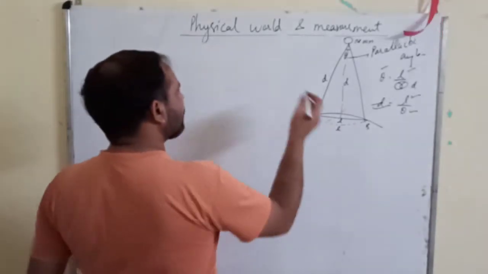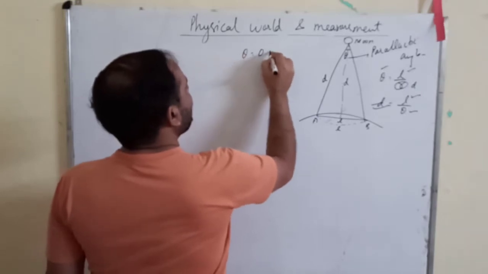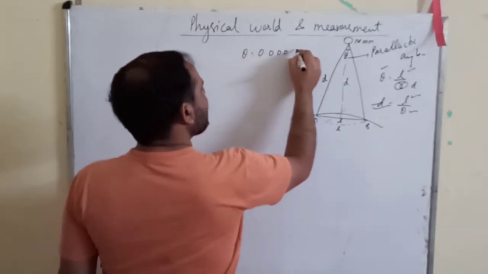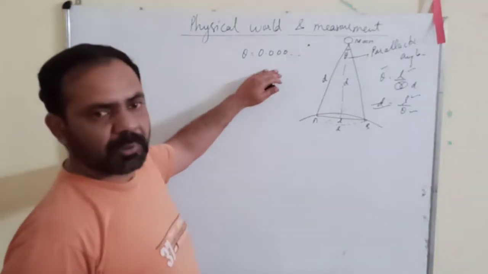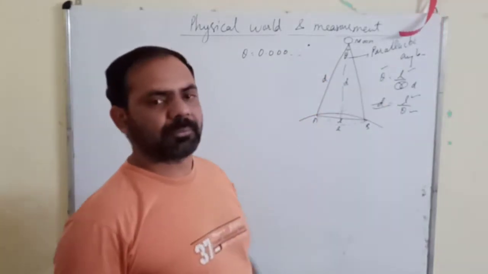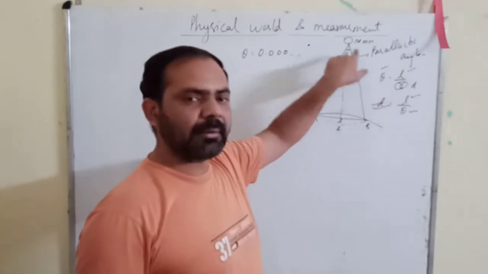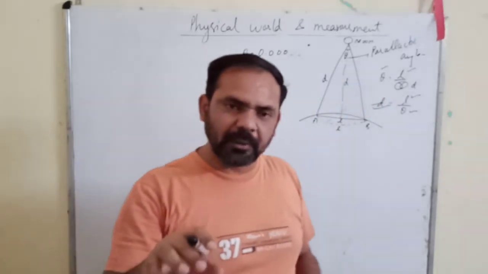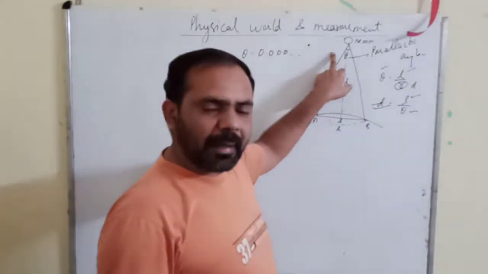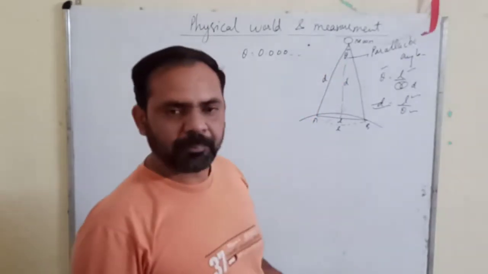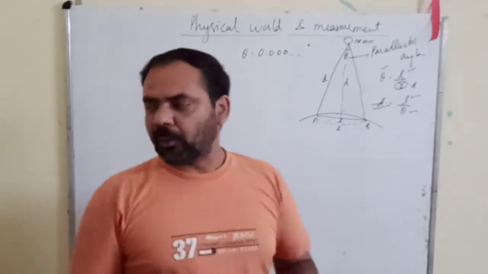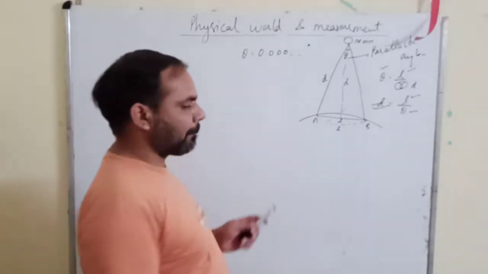Generally this angle comes out to be 0.000 something degrees. The angle is so small that it becomes difficult to observe these values. Observation of the parallactic angle itself becomes very difficult because the value is so small. So now what do we do, how can we increase that angle?